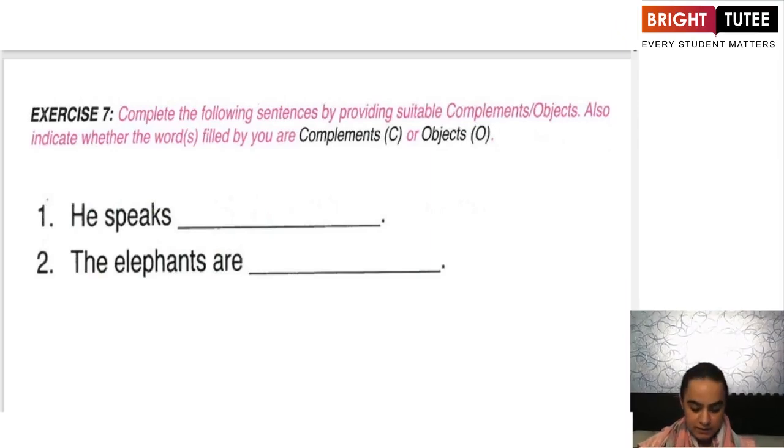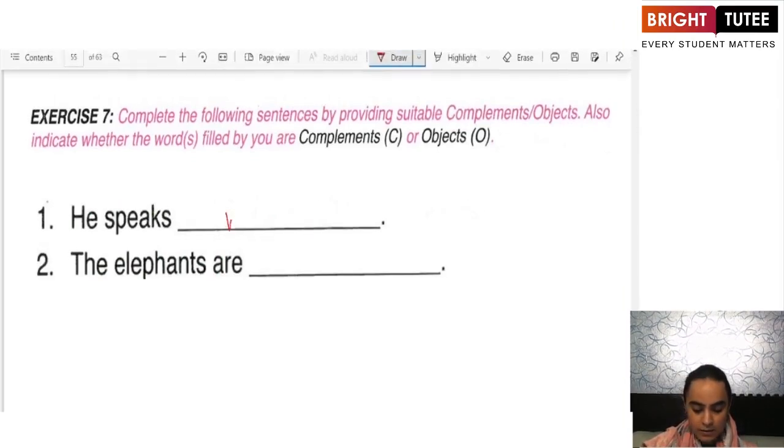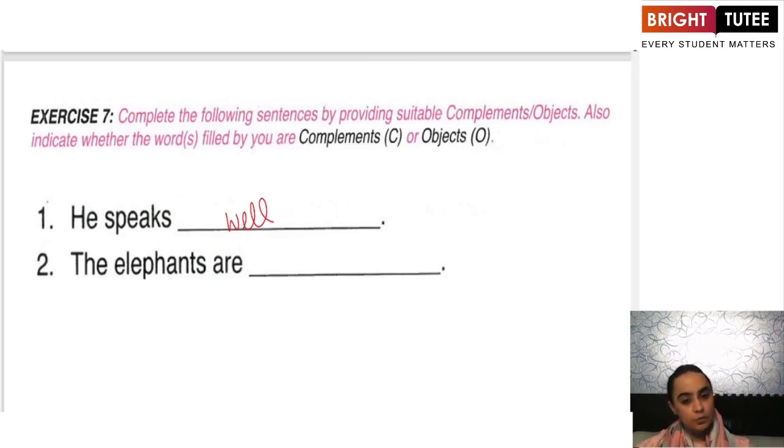So the first sentence, he speaks. Let me fill it with a complement. So he speaks well. This is an adjective that I am using to describe the speech of my speaker, my subject. So this is the complement in this sentence.